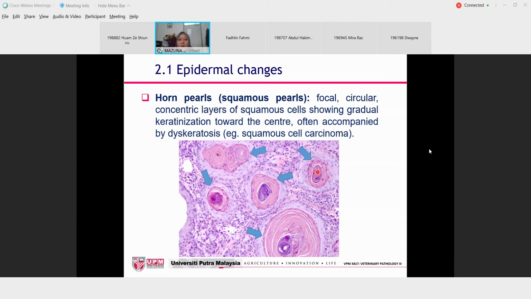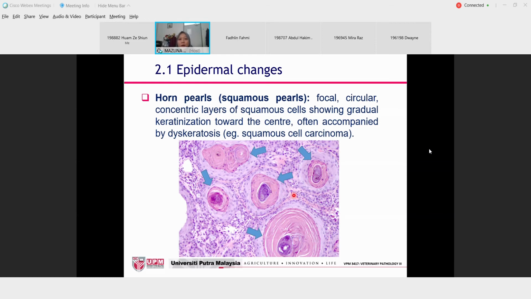And you can also see keratosis scattered within the lesion. This is very characteristic for squamous cell carcinoma, a so-called pathognomonic lesion. If you see horn pearls, you can safely diagnose the case as squamous cell carcinoma. So please differentiate between the two.